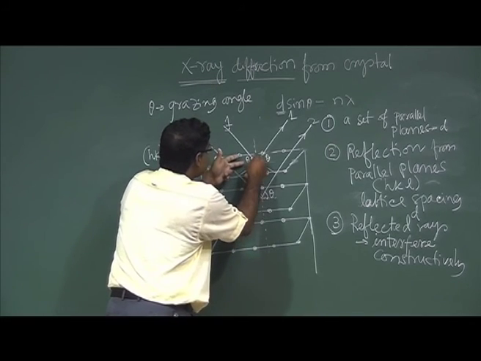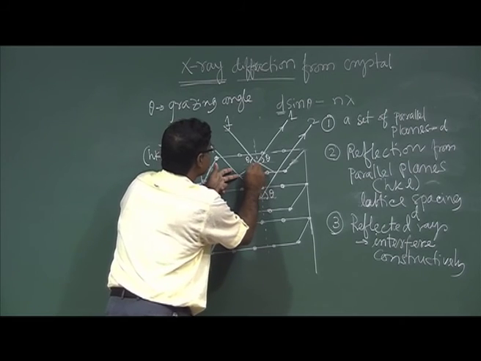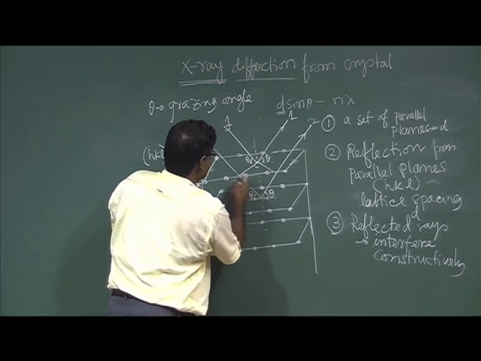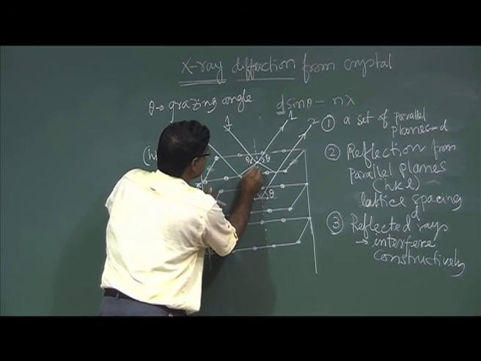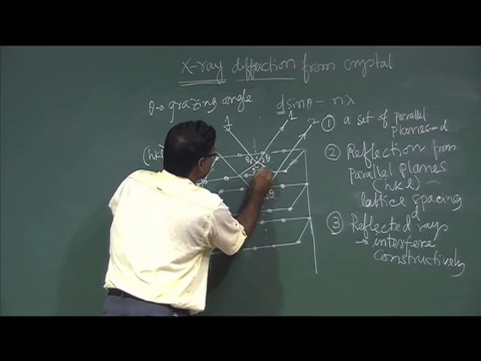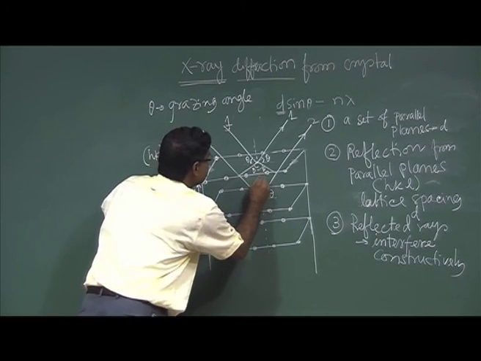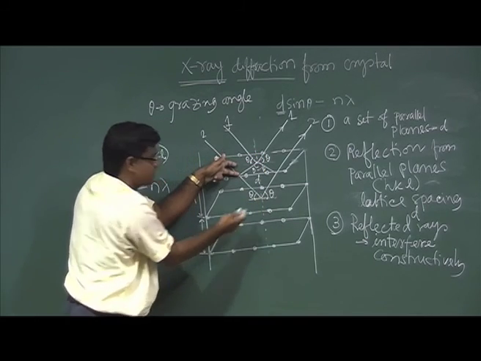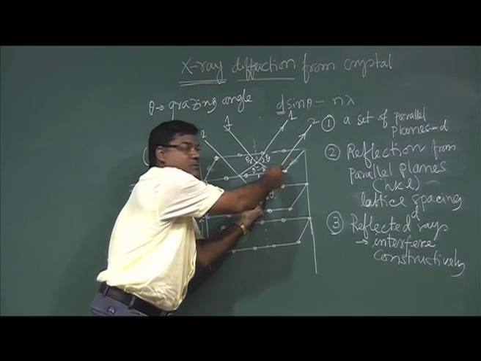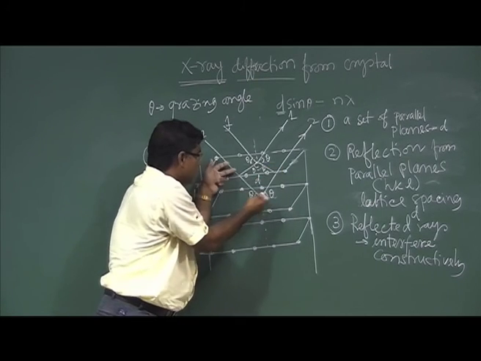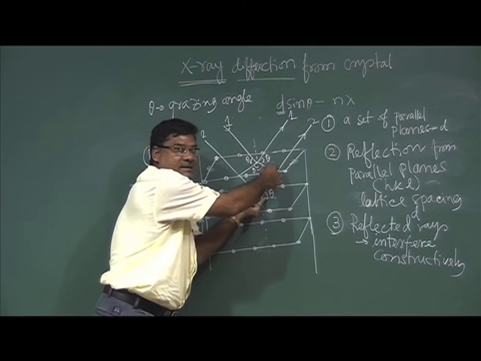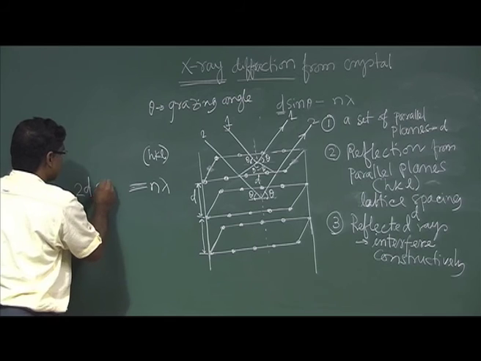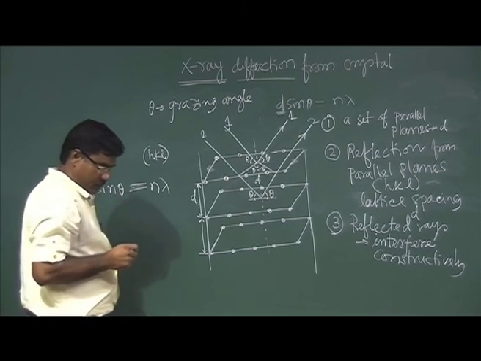If this is the angle theta, you can show that this angle is also theta, this is 90 degrees, and this one will also be theta. If this is d and this is theta, this will be d sin theta, and the other one will also be d sin theta. So the total will be 2 d sin theta.